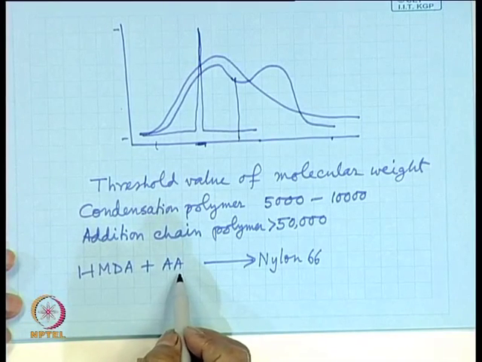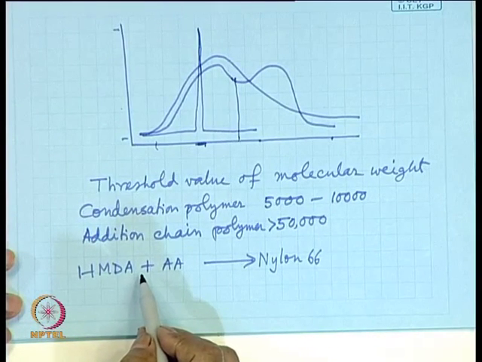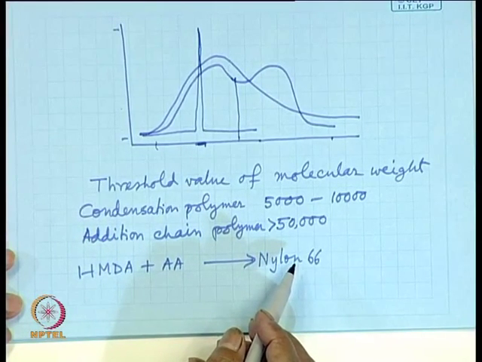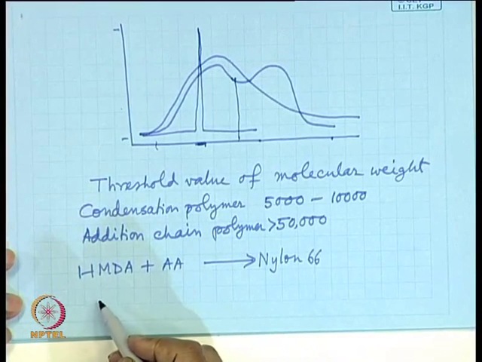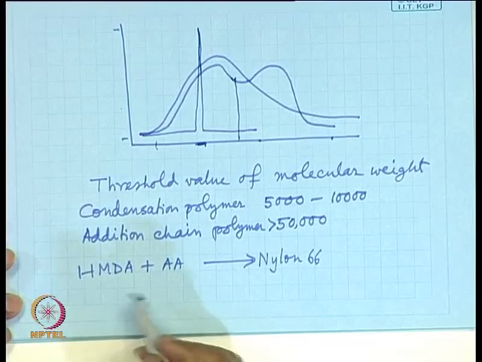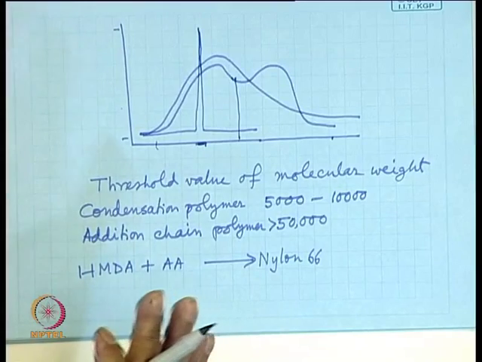It has the advantage that when HMDA and AA are polymerized in a 1:1 molar ratio, only then will you get a high molecular weight polymer. Otherwise, stoichiometric control becomes a problem in nylon 66 synthesis, because by weighing you can deviate from stoichiometry; there may be certain mistakes.